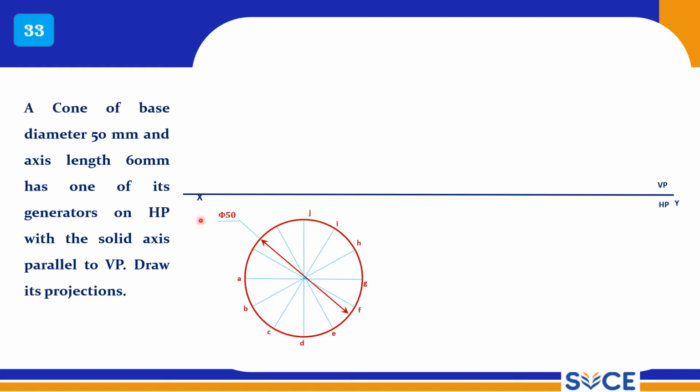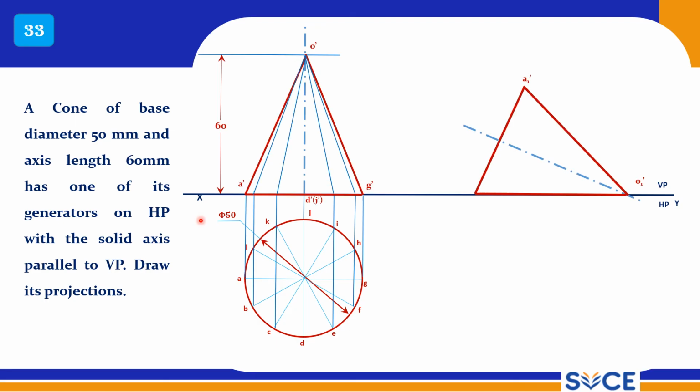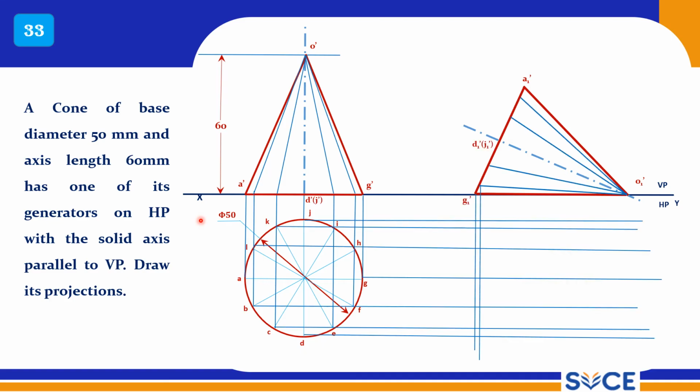Draw thin lines only. Divide this into 12 equal parts. Draw its front view and simple top view. Now this is the sleeping position, resting on one of its extreme generators. Now get all the points in the final top view.